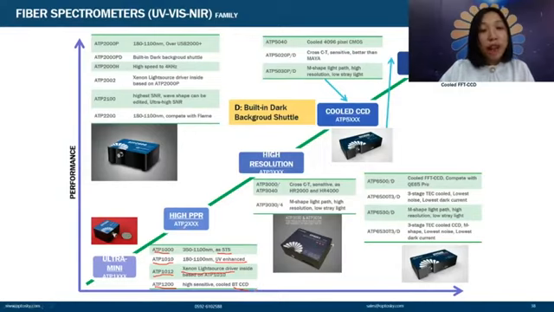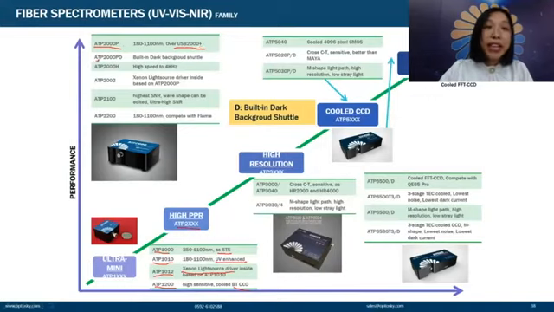And we also have the most popular ATP 2000 series. This series has the highest performance-to-price ratio. We have the ATP 2000P, which competes with the Ocean Optics USB 2000+.